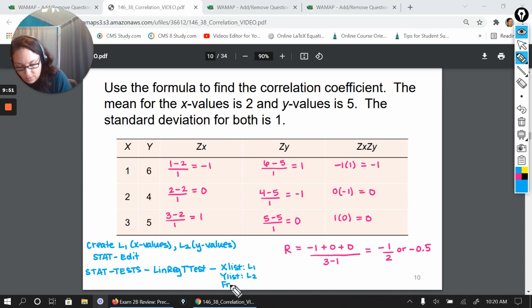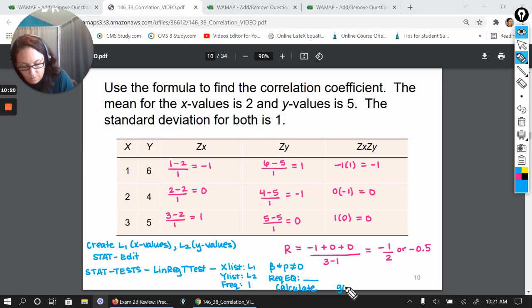Where it says frequency, you will enter 1. And then it will say beta and rho do not equal 0. And then regression equation, just leave that blank. And then select calculate.